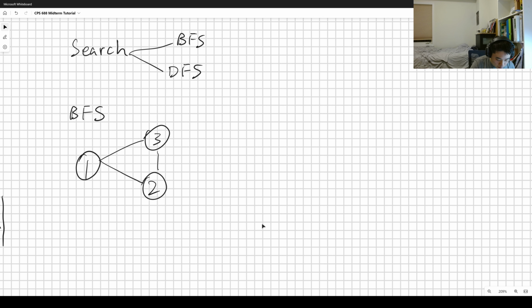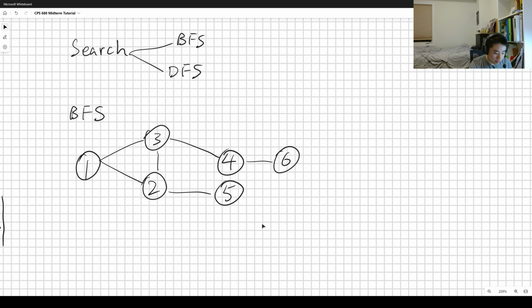This will be connected here, and then 4, and then this goes to 5, and 4 will then go to 6. So I have a graph looking like this, okay?